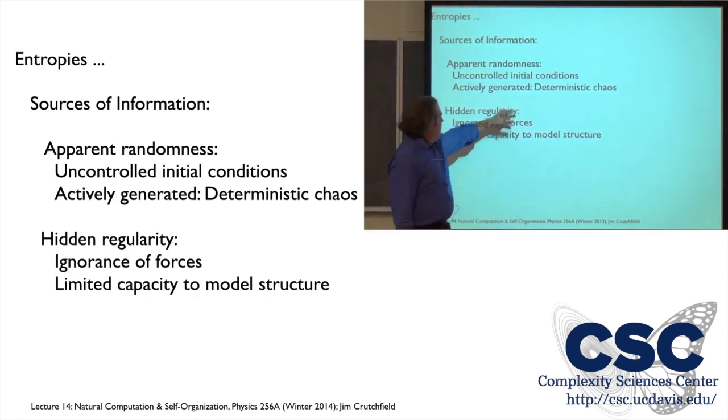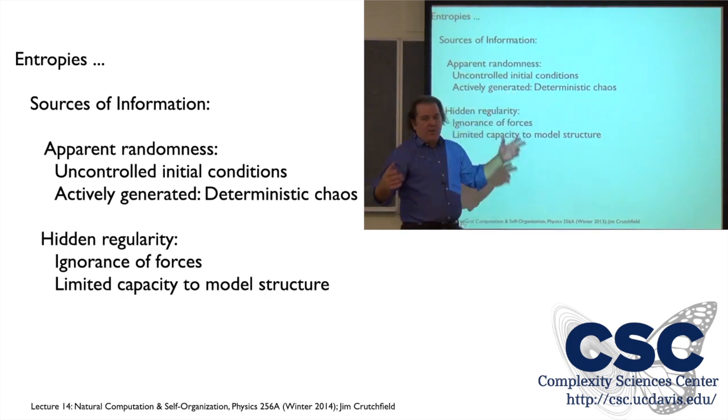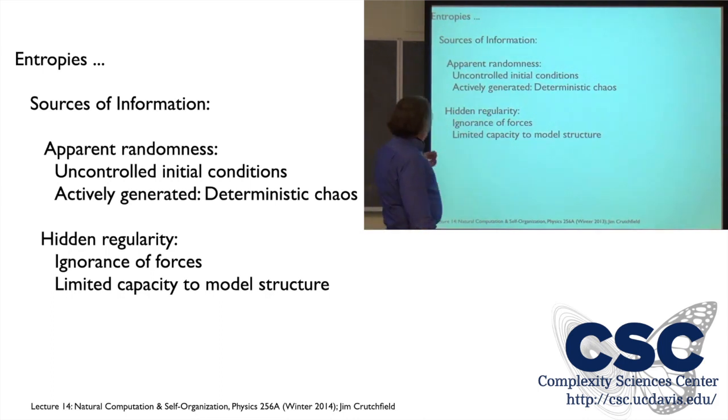So, okay, we can't control systems exactly, so there's some degree of uncertainty. We can't prepare them exactly, and also there are mechanisms in simple but nonlinear physical, biological, and chemical systems that actively make complicated solutions. Other sources of randomness are regularities we're ignorant of.